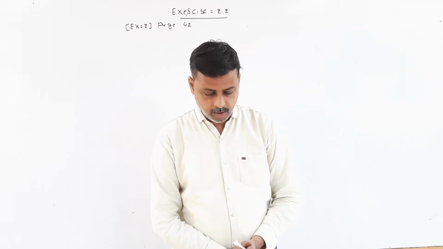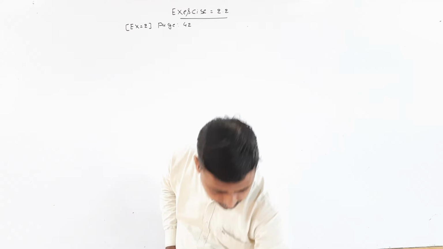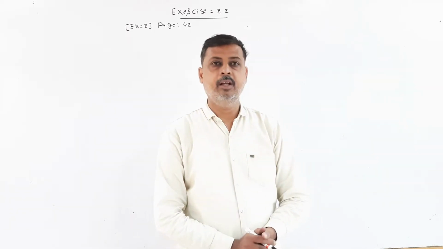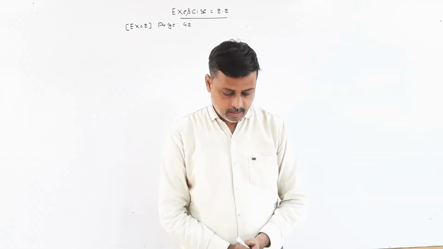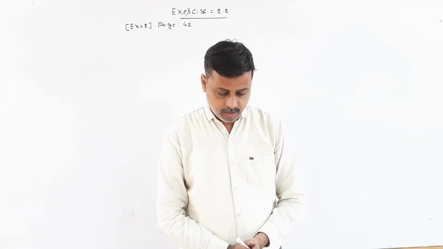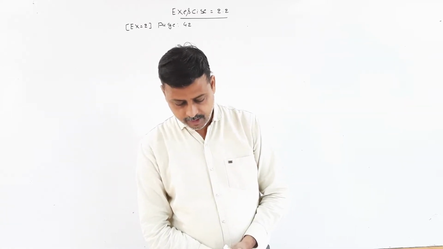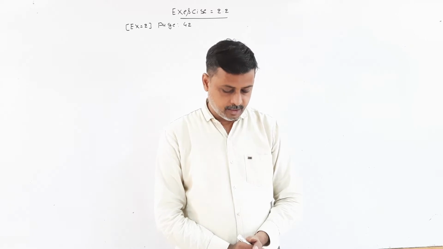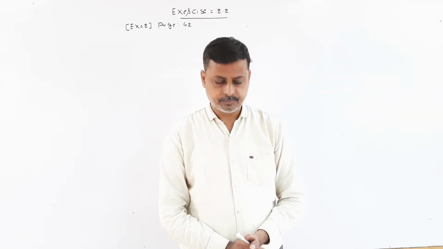The number of unmarried employees are 800 less than the number of married employees. The number of unmarried women is 192. Represent the above data in a suitable table.